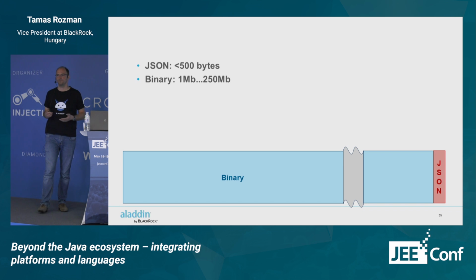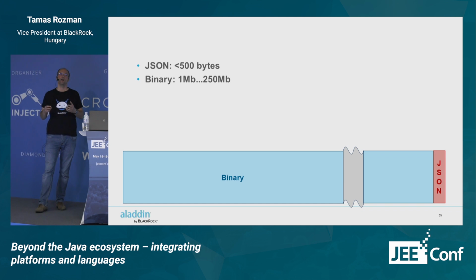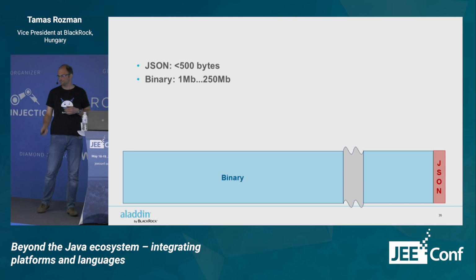We just care that the bulk of our data is in binary. Most of the objects we serialize are in JSON, so we can keep it simple, and only the heavy objects are done in binary. I would say that 80% of the number of objects are serialized in JSON and 20% in binary, but still you can see the data volume is quite different.